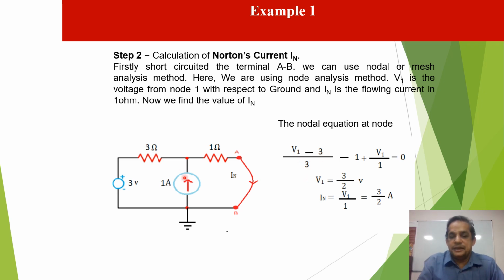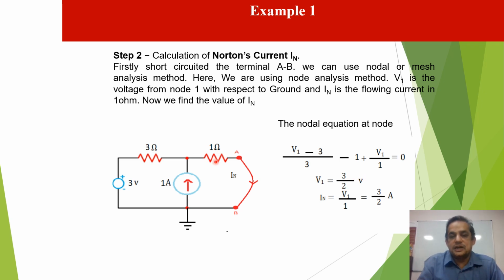Here minus 1, here V1 upon 1. Now we find the value of V1. V1 is equal to 3 by 2. The voltage across the 1 ohm resistor is 3 by 2 volt.